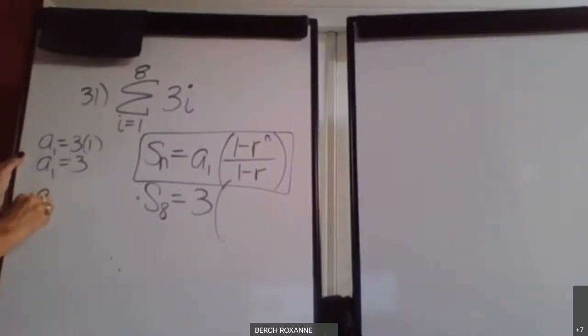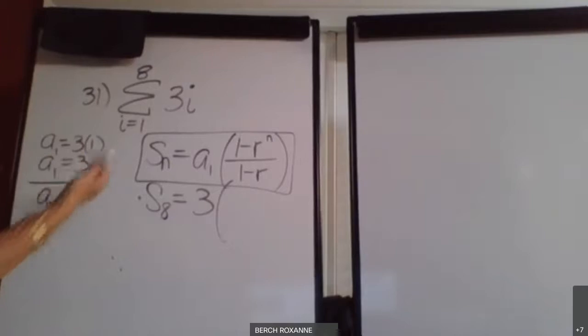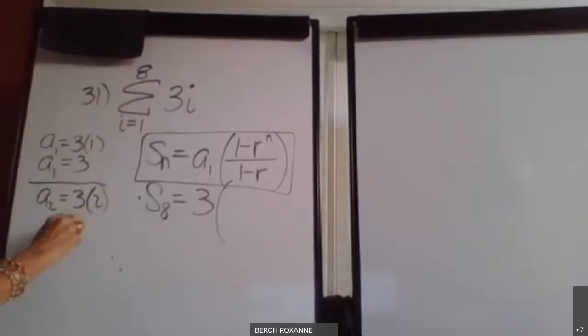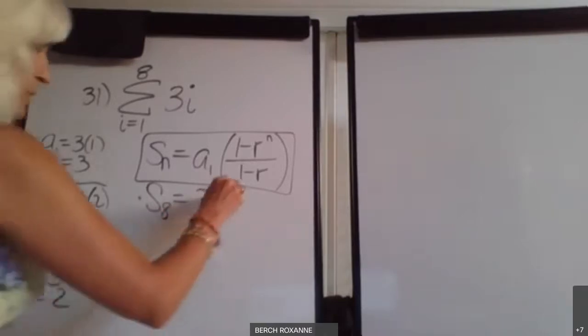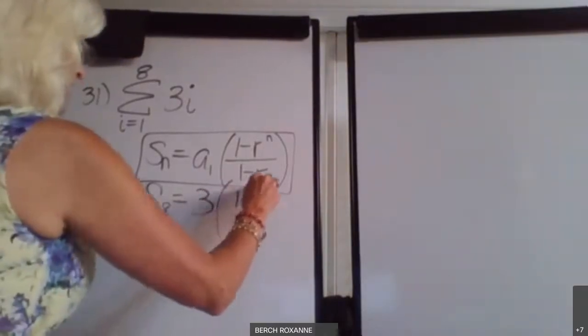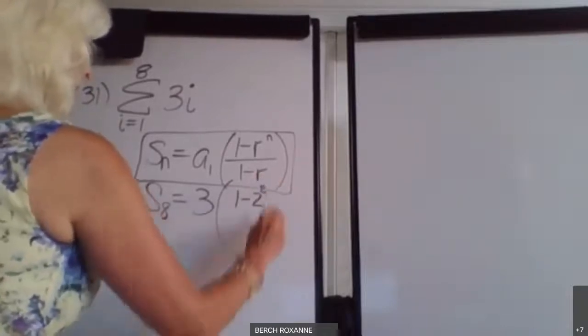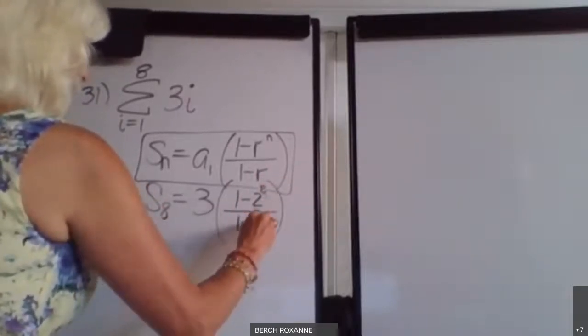So we would want to find a sub 2 because we need at least 2 terms to find the common ratio. So that would be 3, put a 2 in, times 2 is 6. So to find the common ratio, if you take a sub 2 divided by a sub 1, we get 2. So the common ratio is 2. So this would be 1 minus 2 to the 8 divided by 1 minus 2.